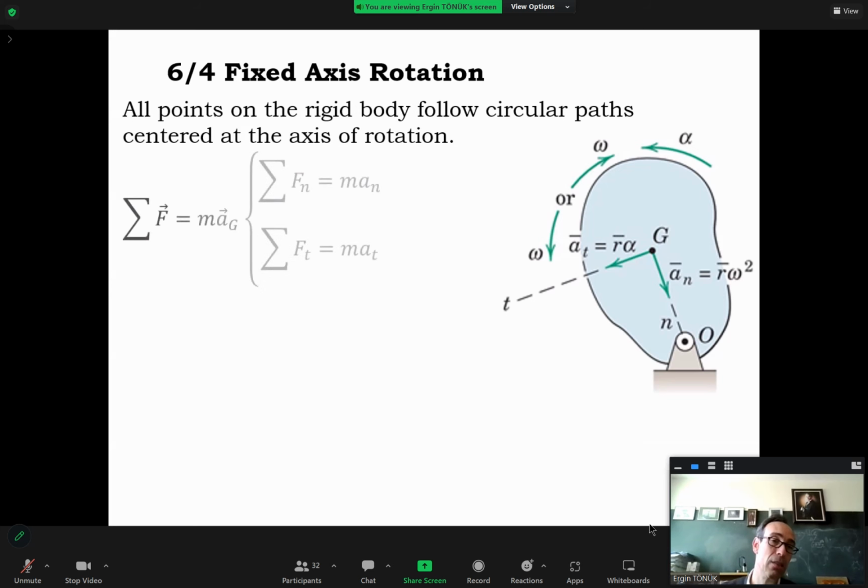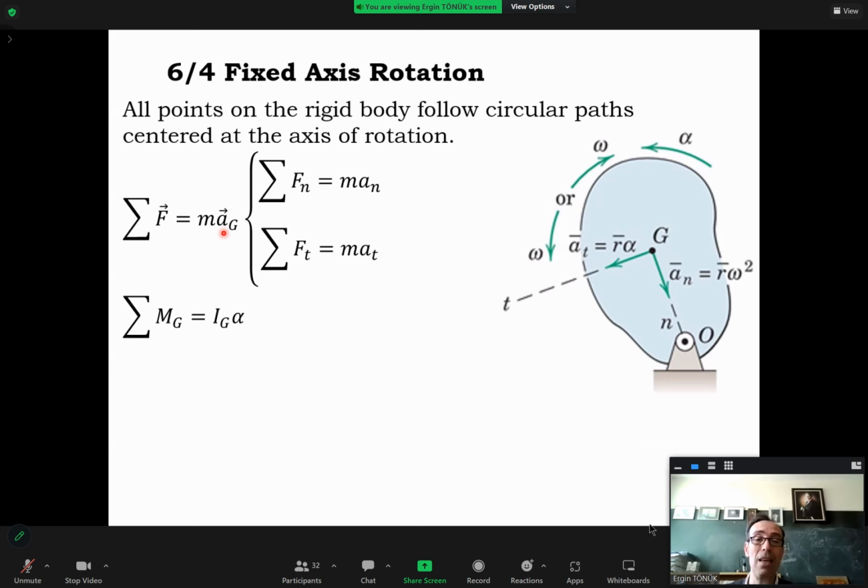We have the force equation, sigma F, the external forces on the body, including the reaction forces at the rotation axis, is equal to mass times the acceleration of mass center. And for fixed axis rotation, the best coordinate system is not Cartesian, but normal, tangential, or polar coordinates.